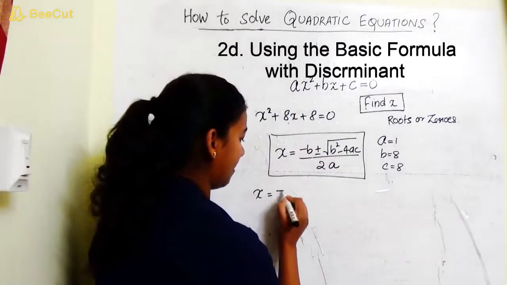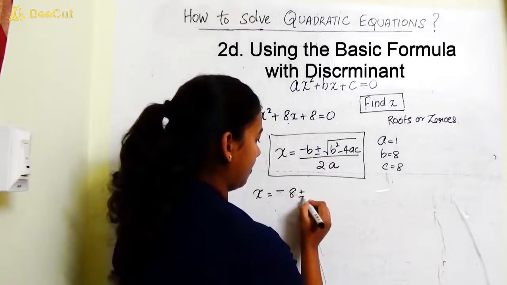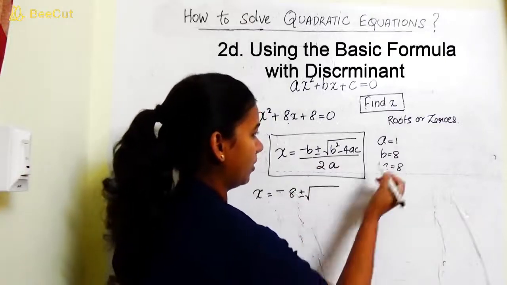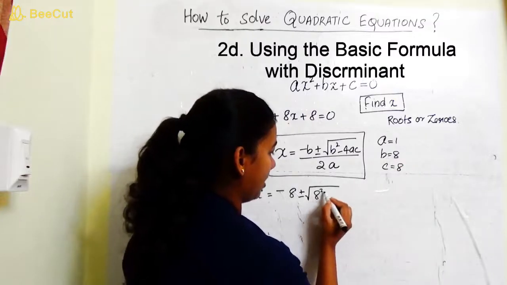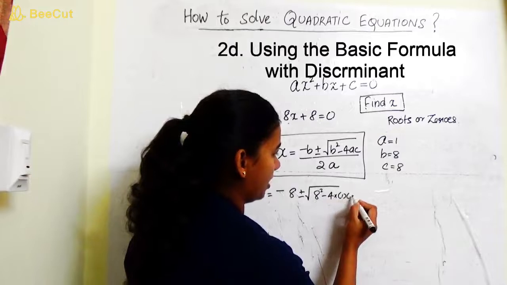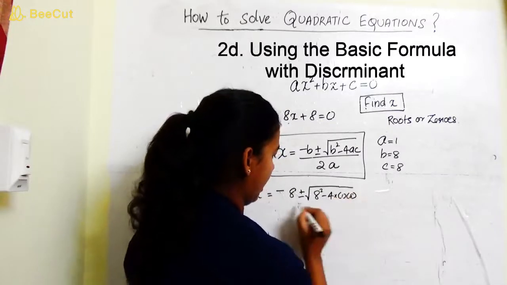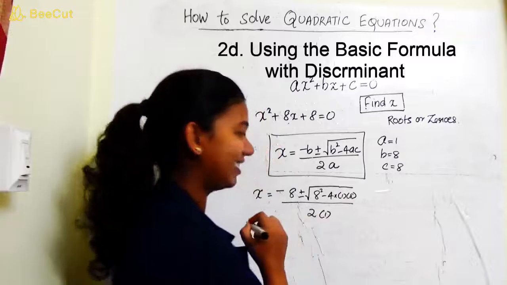X equals minus of B, that is 8, plus or minus root of B square minus 4AC. B square is 8 square minus 4 into 1 into 8 whole divided by 2 into 1. Alright?